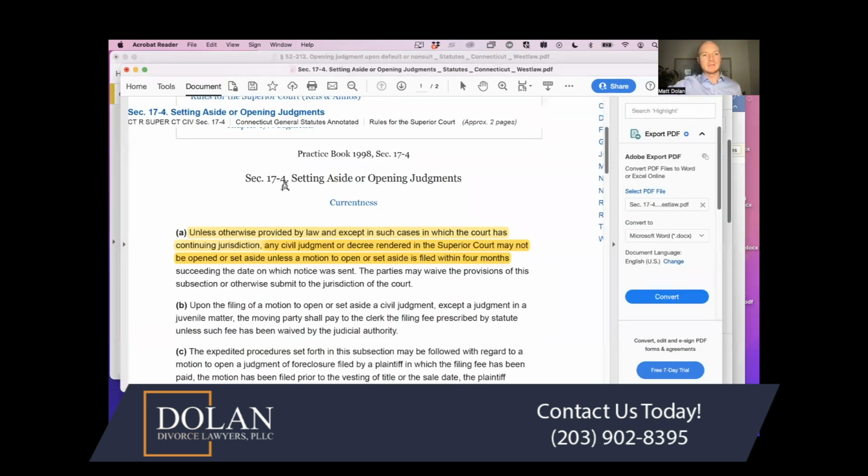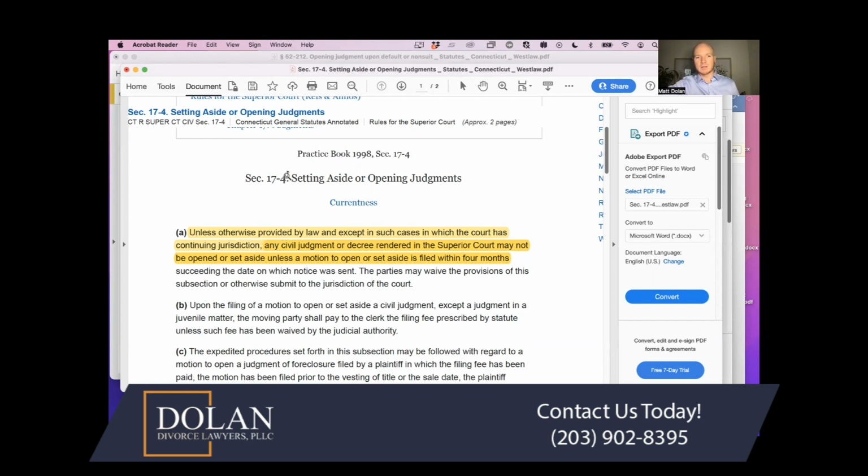And then this section, practice book section 17-4, is not necessarily due to default or non-suit, and the corresponding Connecticut general statute that goes with this practice book section is 52-212A. So again, the practice book section or the statute will have a lot of the same language.